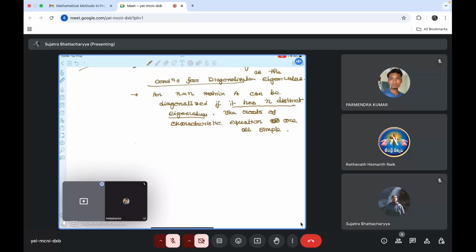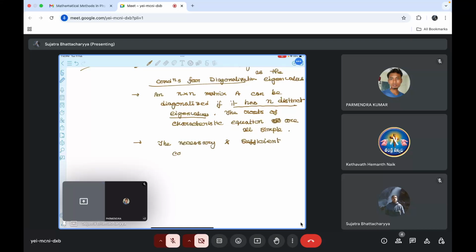Second is the necessary and sufficient condition for an n by n matrix A to be diagonalizable.